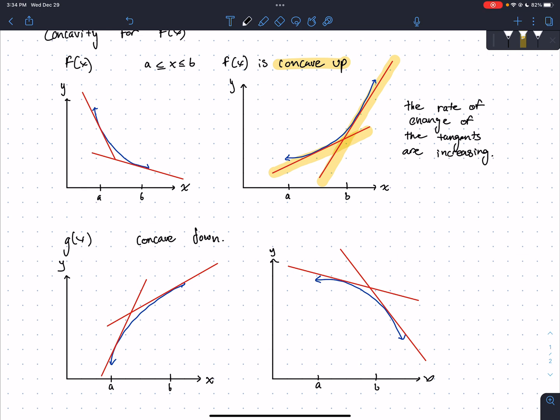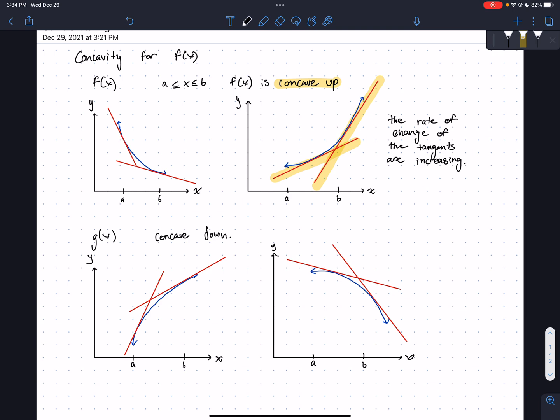If you have a double derivative that's 0, that means your concavity is not changing at all. The rate of change of the tangent is not changing. That means your tangent is probably still the same throughout the point. So that means there's no change in concavity.